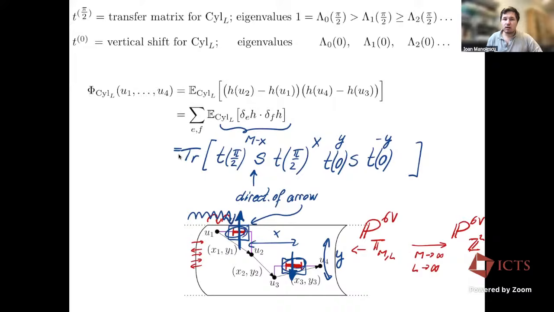And this is nice because now I have only 3 matrices that give me everything. I have the matrix S, the matrix T0, and the matrix T pi over 2. T pi over 2 is the transfer matrix, T0 is the shift matrix, and S is the indicator of an edge, the sign of an edge. So you're computing traces of this kind, and another good piece of news is that these two matrices commute.